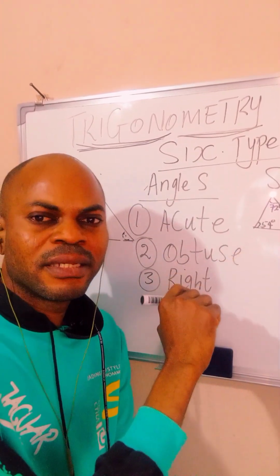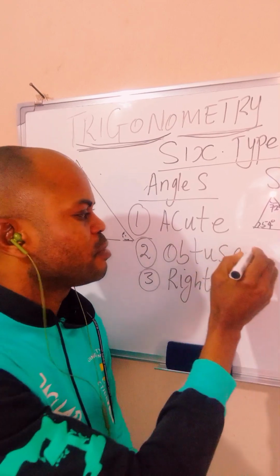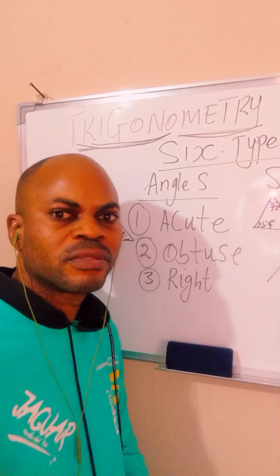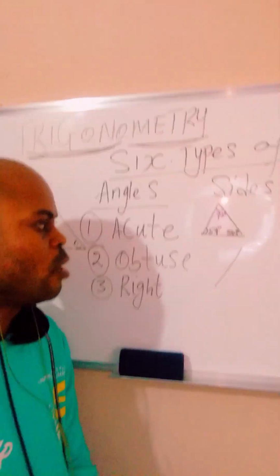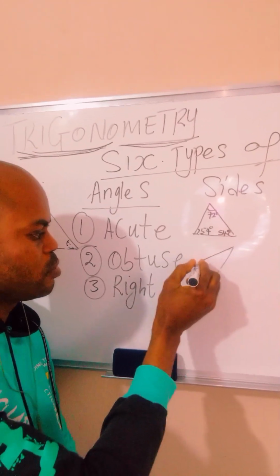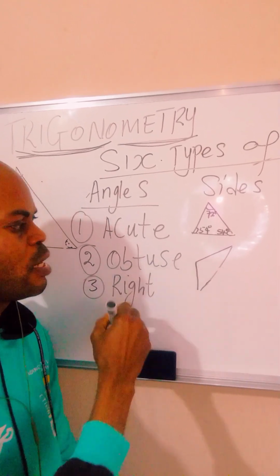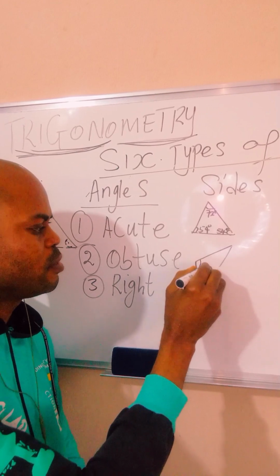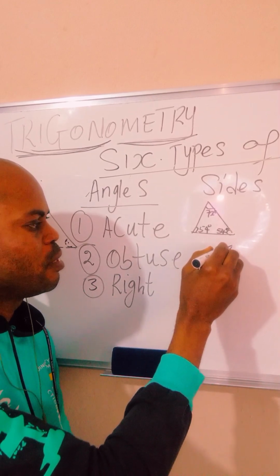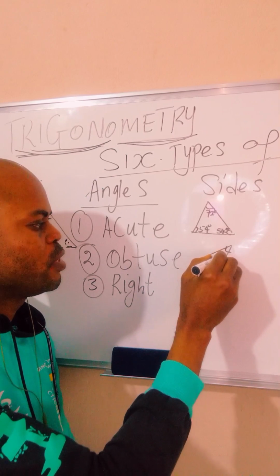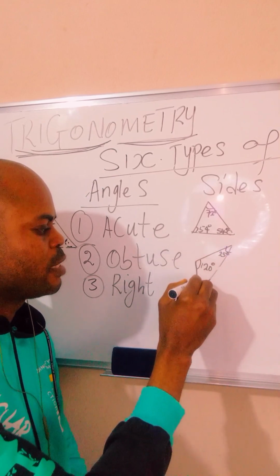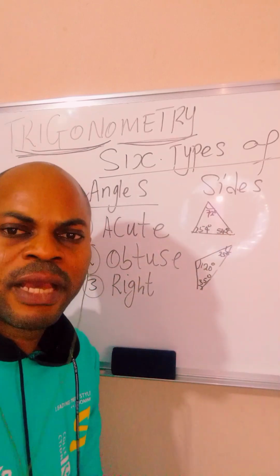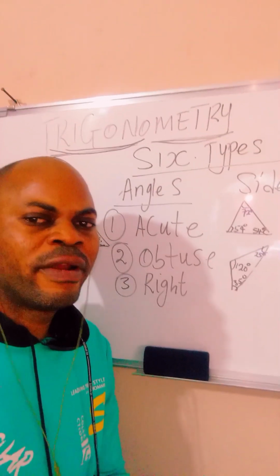This could be an obtuse triangle, such that one of the angles here is more than 90 degrees. This angle may be 25 degrees, and this angle may be 35 degrees. So if you add everything together, you are going to be having 180 degrees as well.